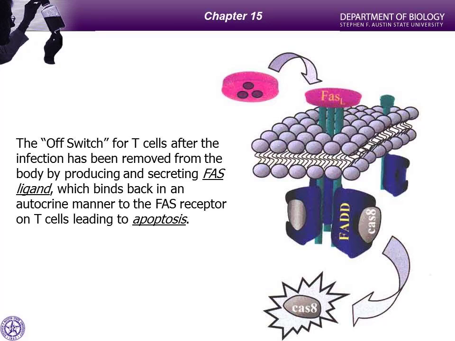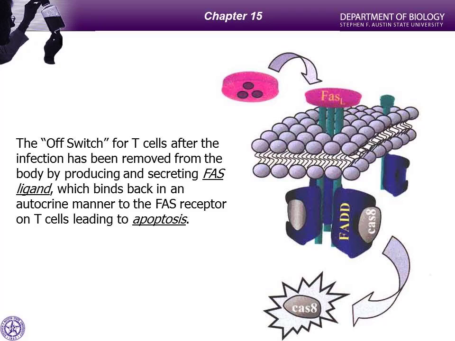So in an autocrine sense, as T cells divide and as T cells grow, they're producing Fas ligand. And whenever you get enough T cells produced that have secreted the Fas ligand, that you have surpassed a threshold concentration, the Fas ligand binds back to the Fas receptor. And when it becomes activated, look what you've got in the cytoplasm, that FADD. You remember what that DD stood for?